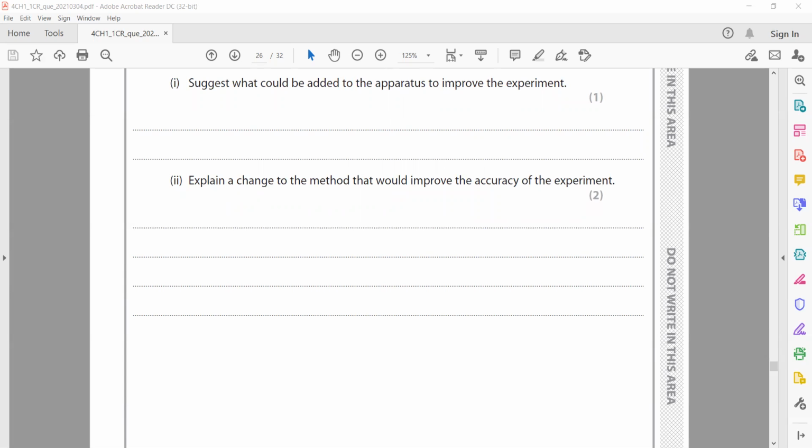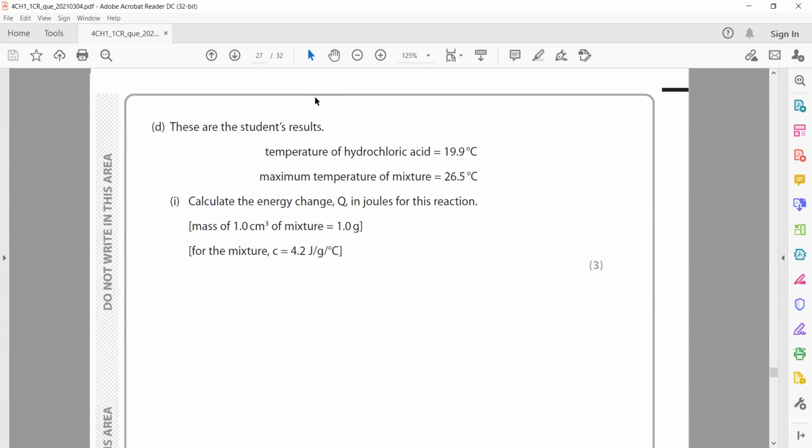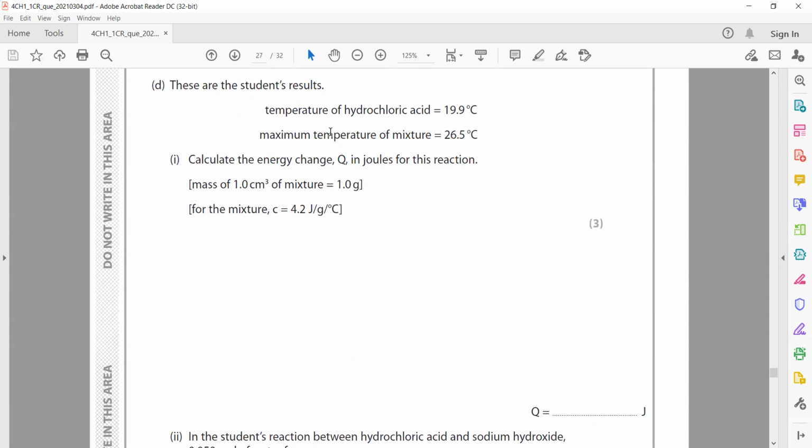The student should stir the solution so that he can obtain a more accurate value for the final temperature. These are the student's results: the temperature of hydrochloric acid and the maximum temperature of the mixture. Calculate the energy change in joules for this reaction. So Q equals c m delta T.